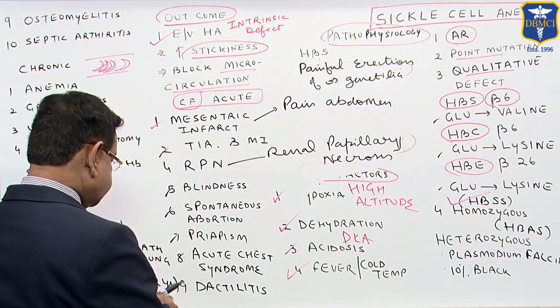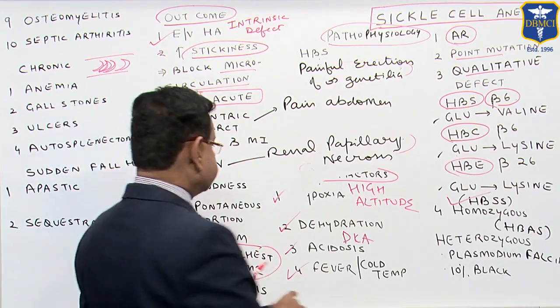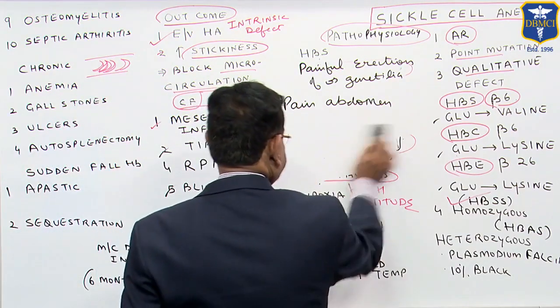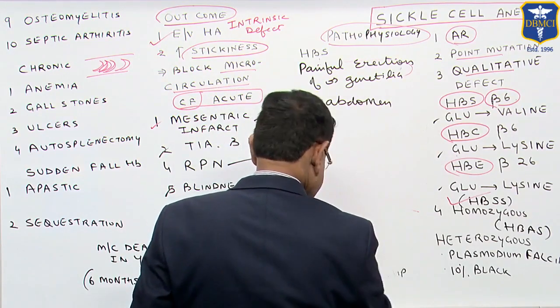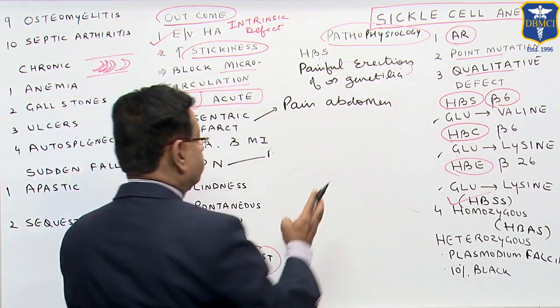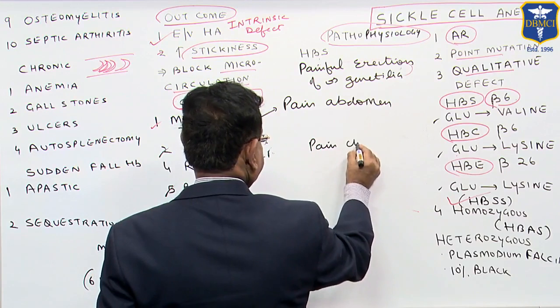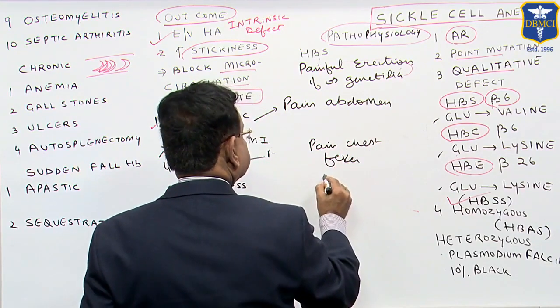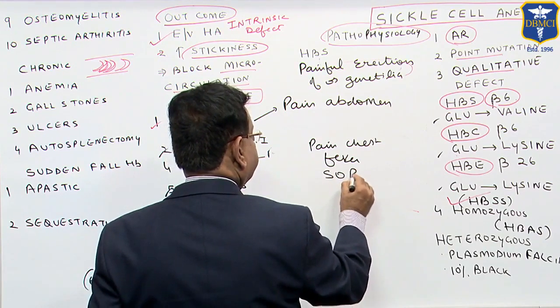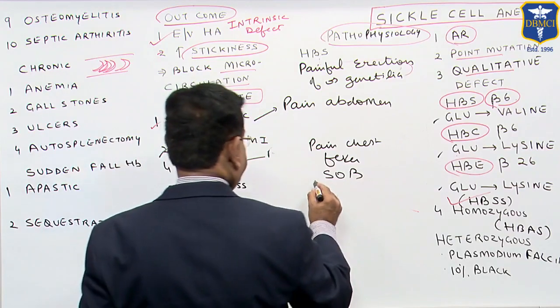Acute chest syndrome. In this, the patient has severe chest pain, fever, shortness of breath, breathing difficulty, hypoxia.